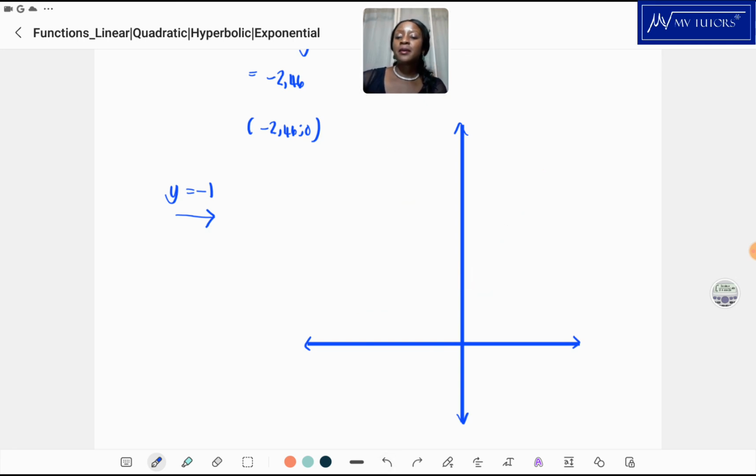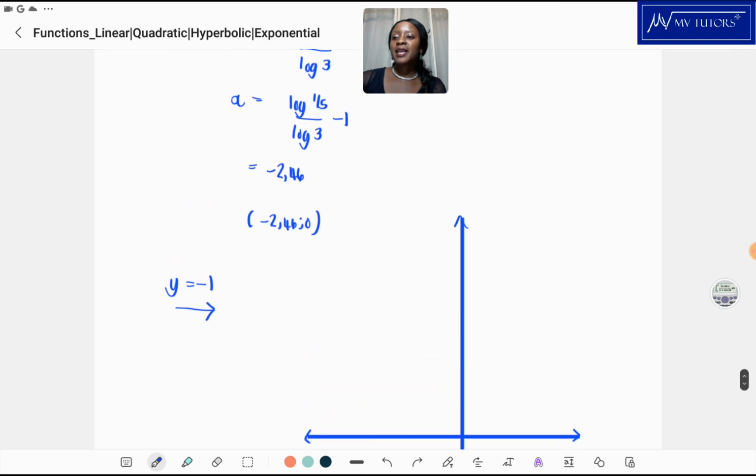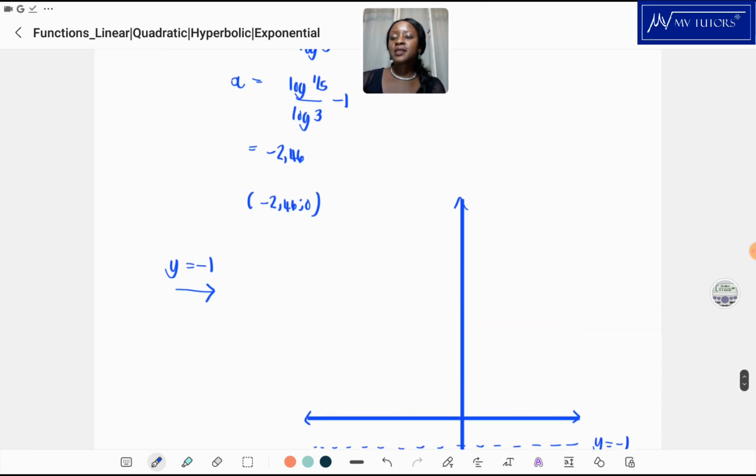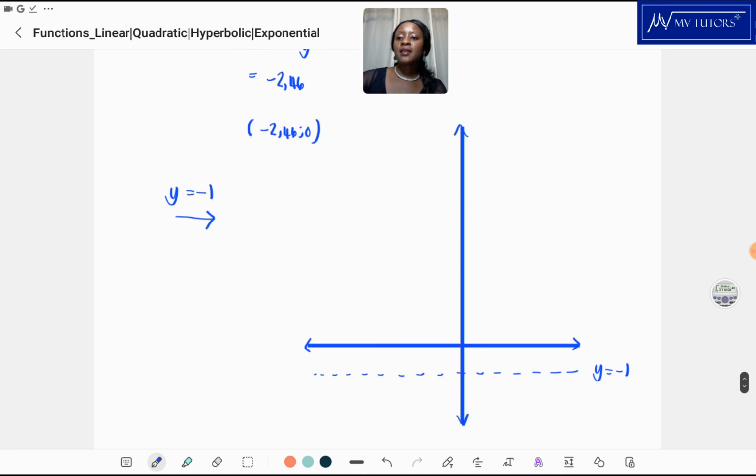But what are the x and y? Let me put in my asymptote. This is my asymptote over here, so that is y is equal to negative 1. And then let's plot the x and y intercepts. So the x-intercept is, I'm just going to say 1, 2, 3, 4, so almost like 2,5.